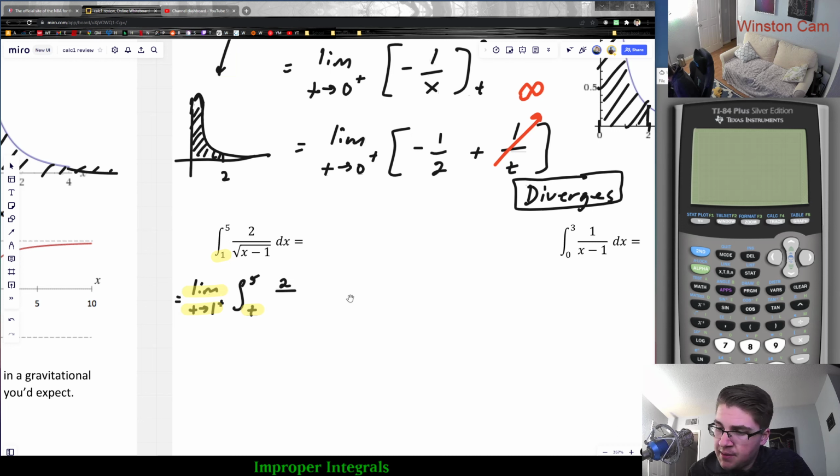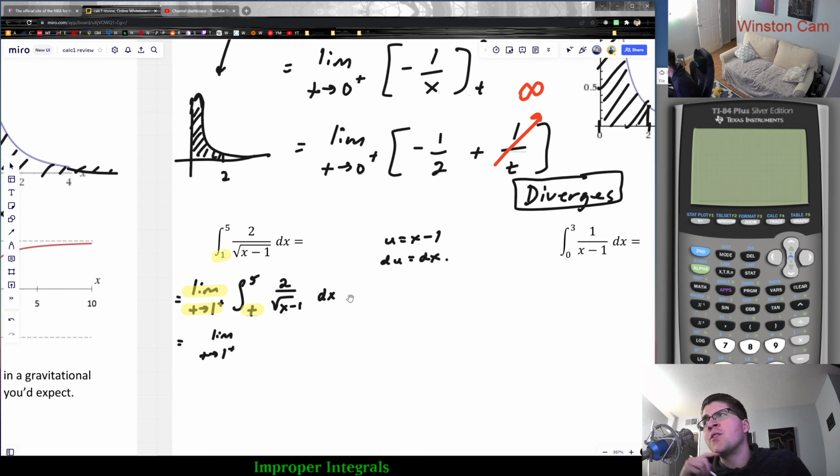From here, we're just going to be solving this limit. Technically you could skip the u sub, but let's do a quick u sub because it's quite easy. If we wanted the antiderivative, I could sub in u equals x minus 1, which means du is directly dx, and I could change this integral from terms of x to terms of u.